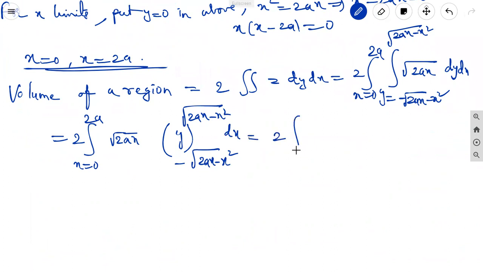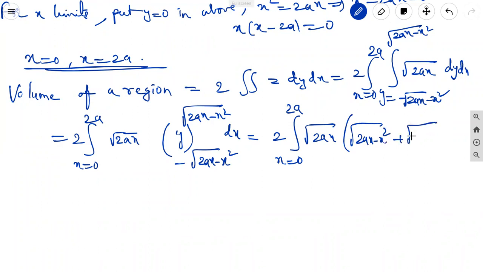It is equal to 2 integral x equal to 0 to 2a, under root 2ax minus x square, minus into minus plus under root 2ax minus x square into dx.